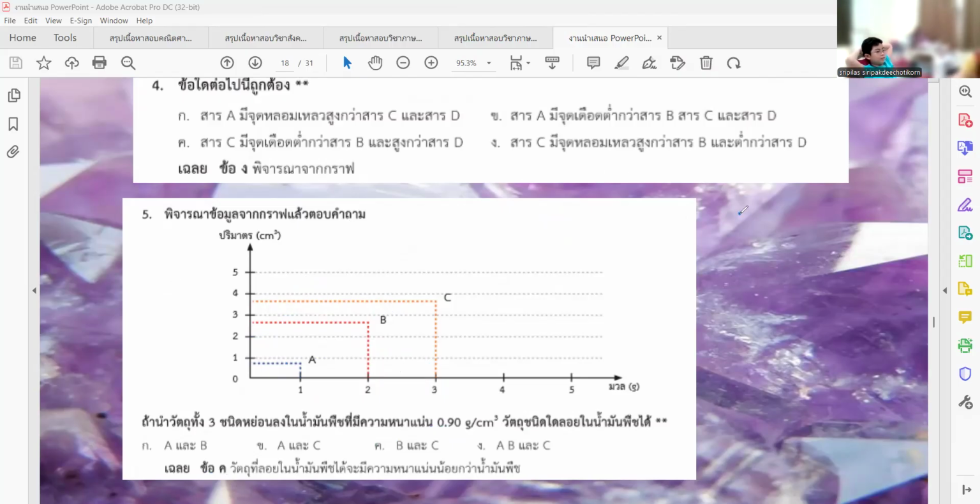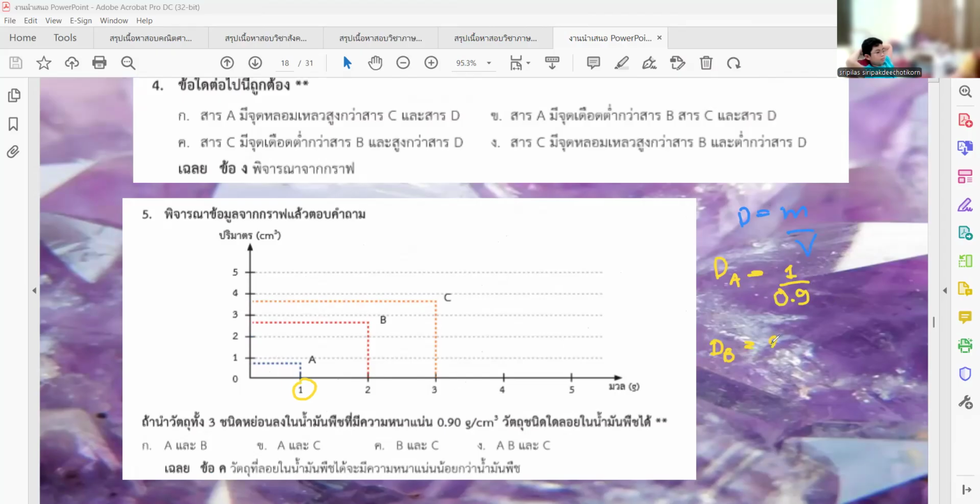Teachers that I don't want to teach. Look at substance A. dA equals mass A, which is 1 gram divided by 0.9. How about dB?